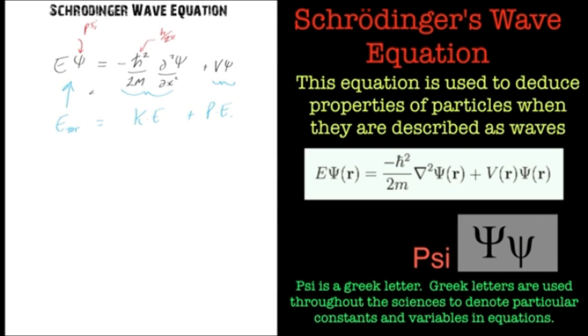This function here, psi, is what the tutorial's about really. It's about the wave function and how we represent particles as waves, and use these quantum mechanical equations to actually predict, in this case, the energy of the system that we're interested in, or the particle, at any moment in time and space, within reason.